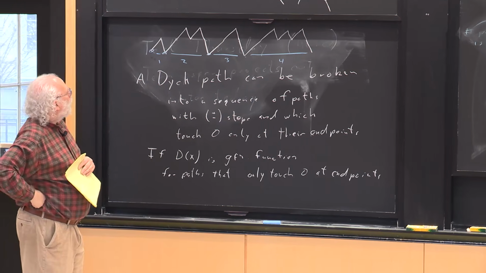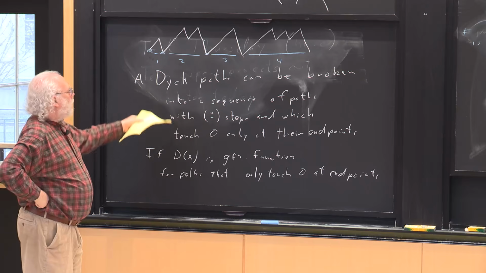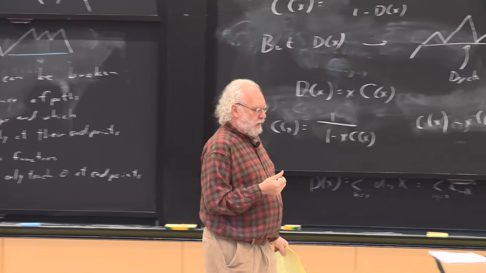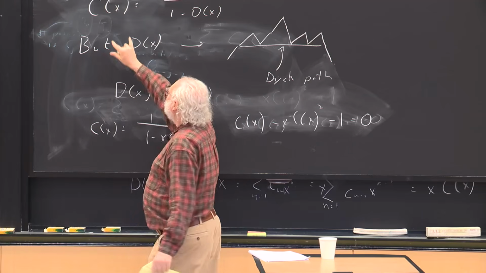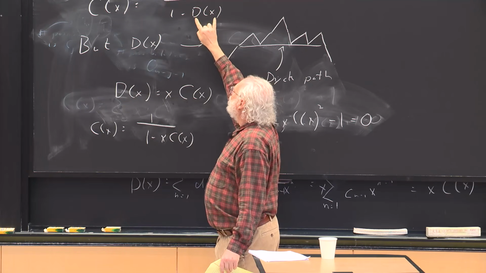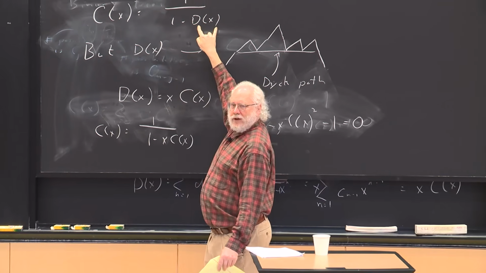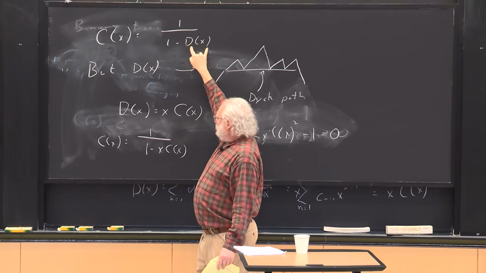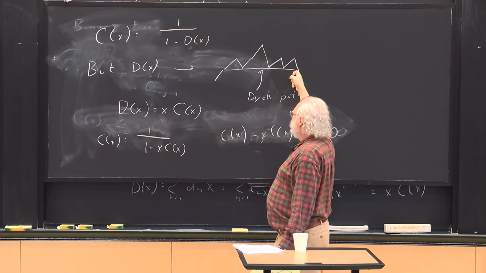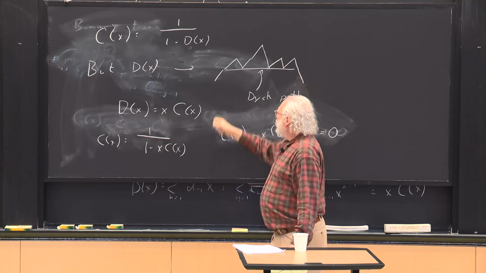And now what we do is we say a Dyck path was just a sequence of raised Dyck paths. So that means C of x equals 1 over 1 minus d of x. But raised Dyck paths are just Dyck paths with 2 extra edges.